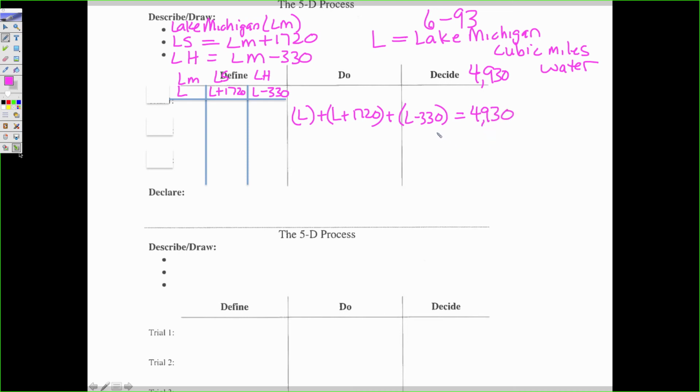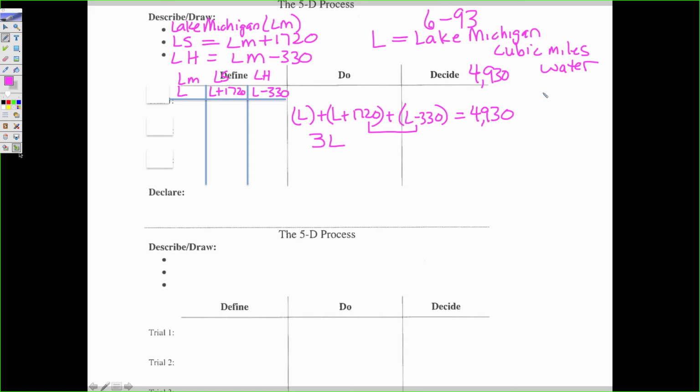Now we're going to use your equation solving skills. I can put like terms together. We have a lot of L's here, 1, 2, 3 L's. So combining like terms, I have 3L on mat A. On mat B, I have some numbers: 1,720 minus 330.